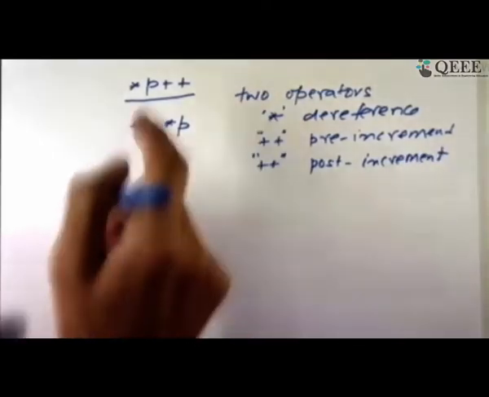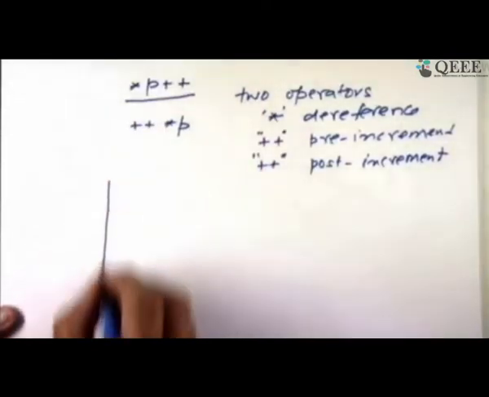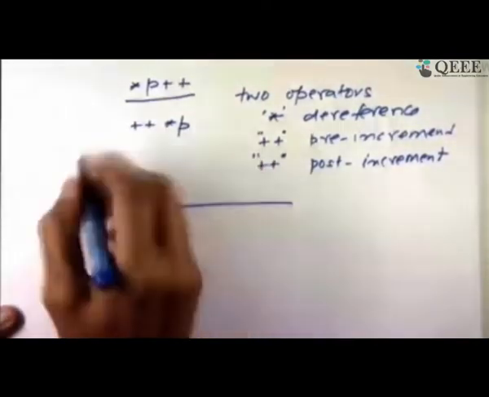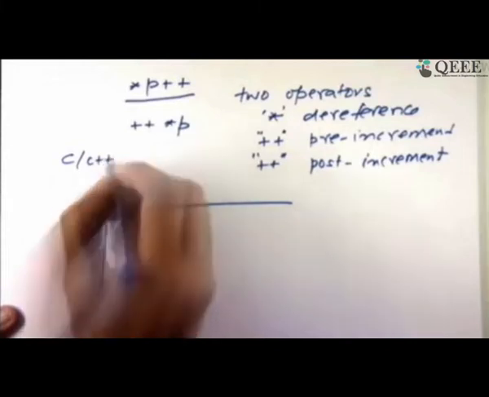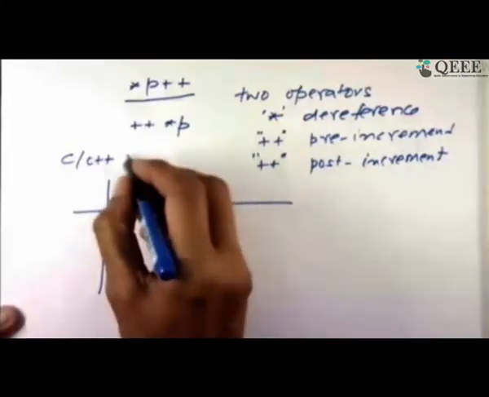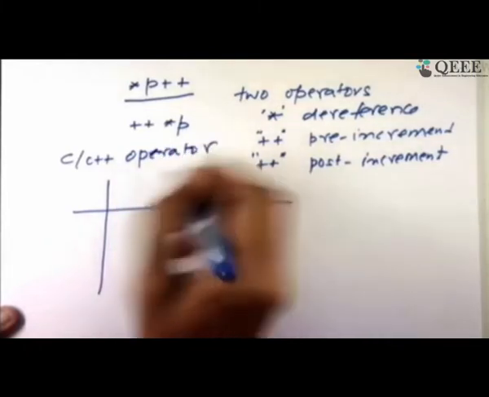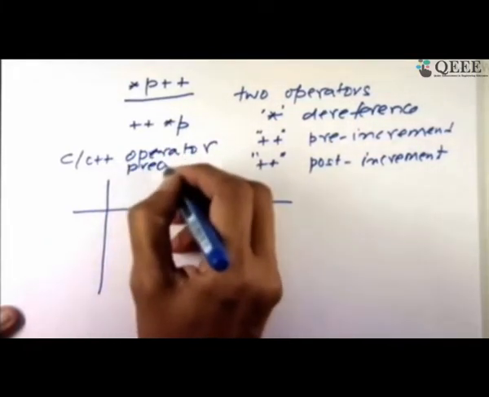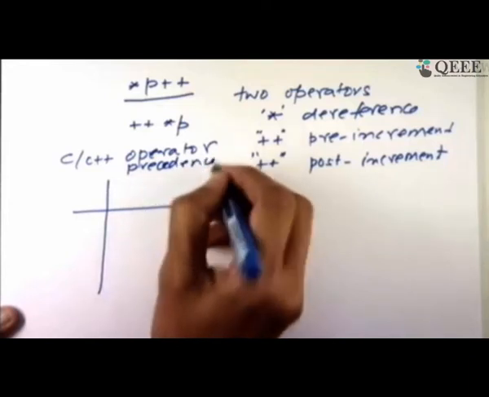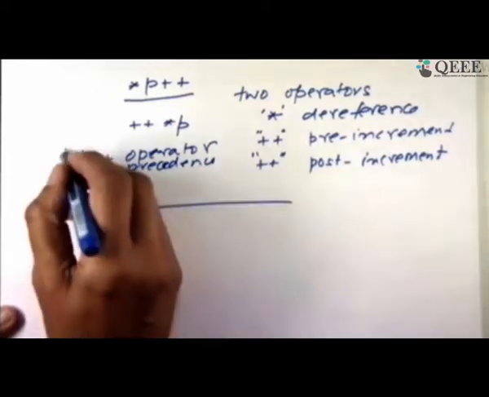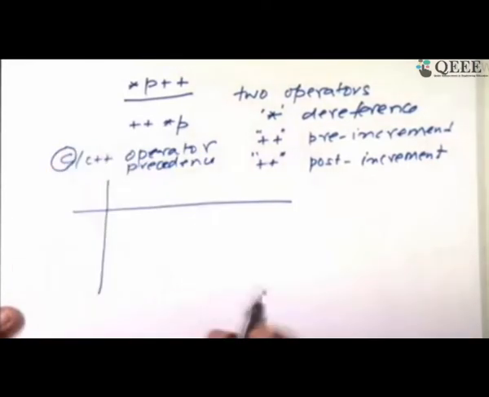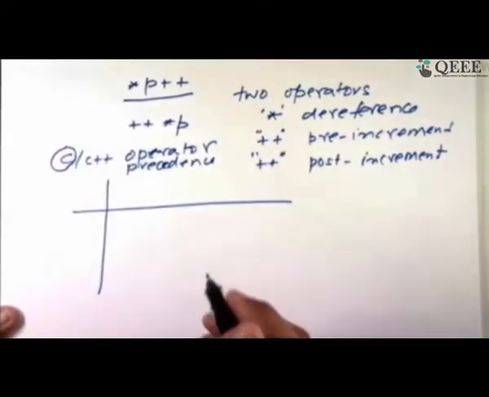So what you should do when you get this is, please consult the C++ operator precedence table. There is a table which I had given you in the previous slide, which is called the operator precedence table. This is fixed for every language. Java has its own rules. C++ has the rules of C and something else. So since you are interested in C, please go and look at C. What will it give you?